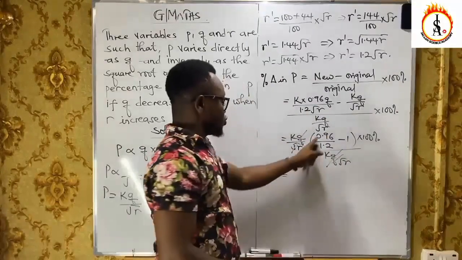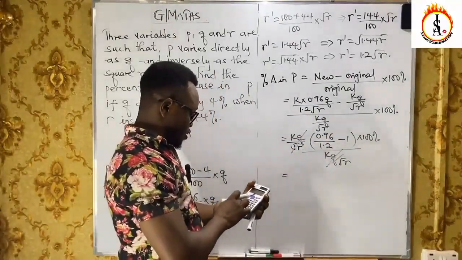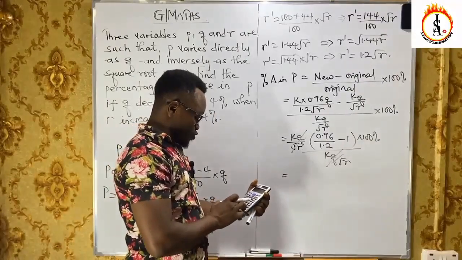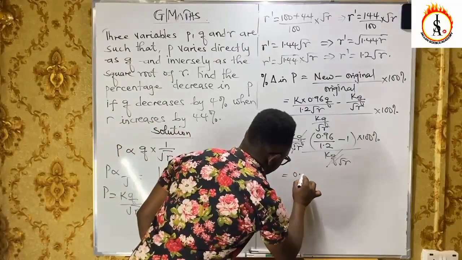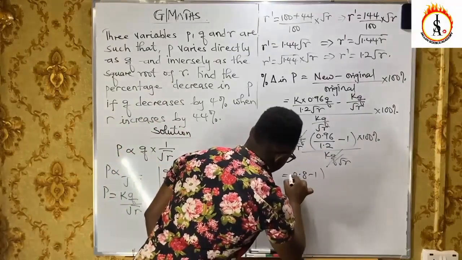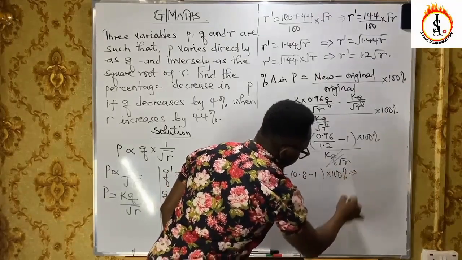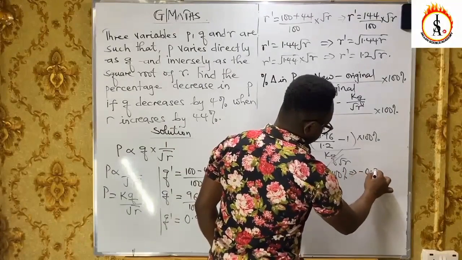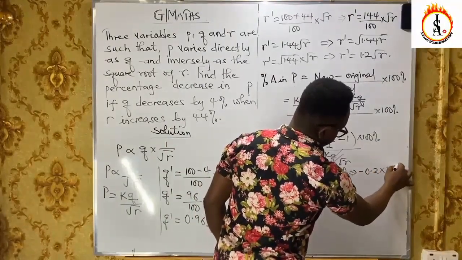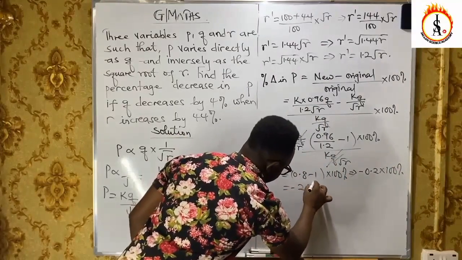We are left with 0.96 divided by 1.2. We have it to be 0.8. So we get 0.8 minus 1 multiplied by 100%. So this implies 0.8 minus 1, that gives us negative 0.2 multiplied by 100%. So we have it to be negative 20%.